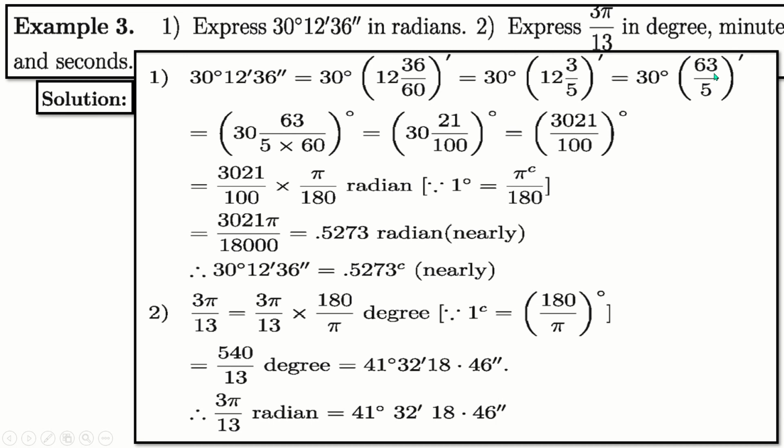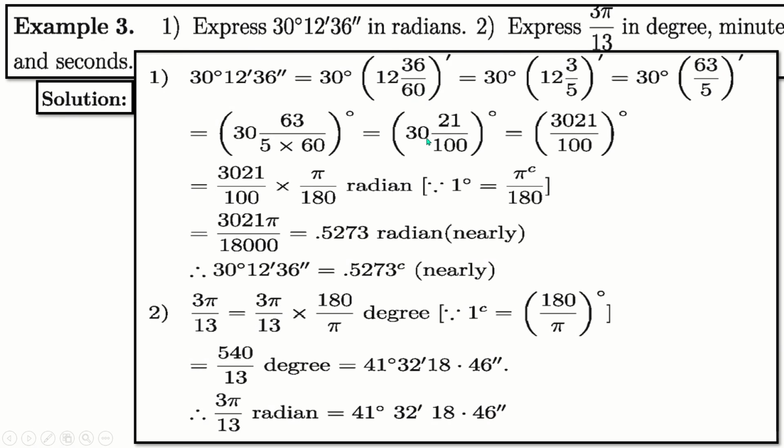So we can write 3 integer 63 divided by 5 into 60 degrees, because 60 minutes is equal to 1 degree. So after dividing by 60, we get degrees. Similarly, as 60 seconds is equal to 1 minute, after dividing by 60, we get minutes.